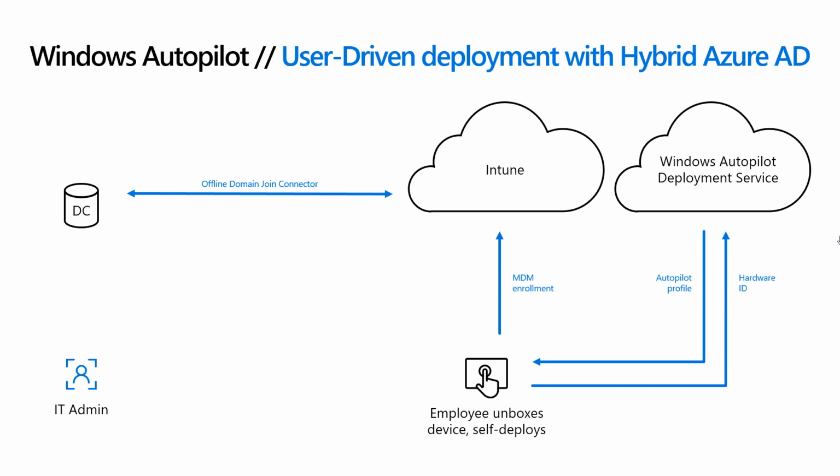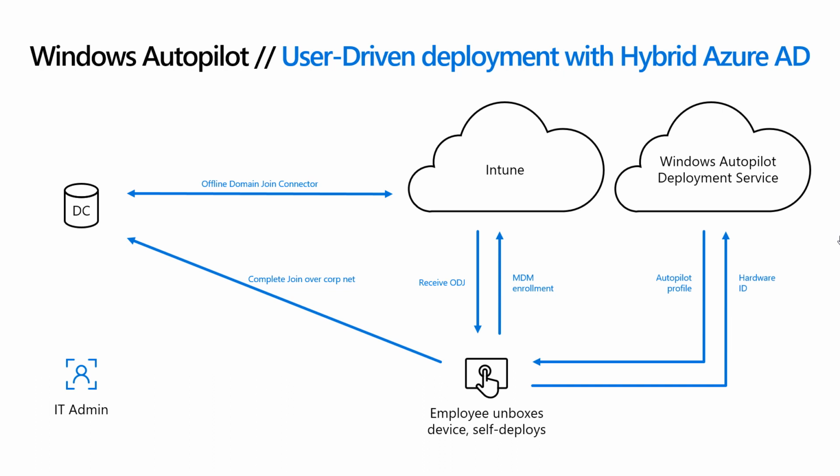And this connector generates what we call offline domain join blobs, these specific text files, for a specific computer. The computer receives this offline domain join information and joins the local Active Directory as well.